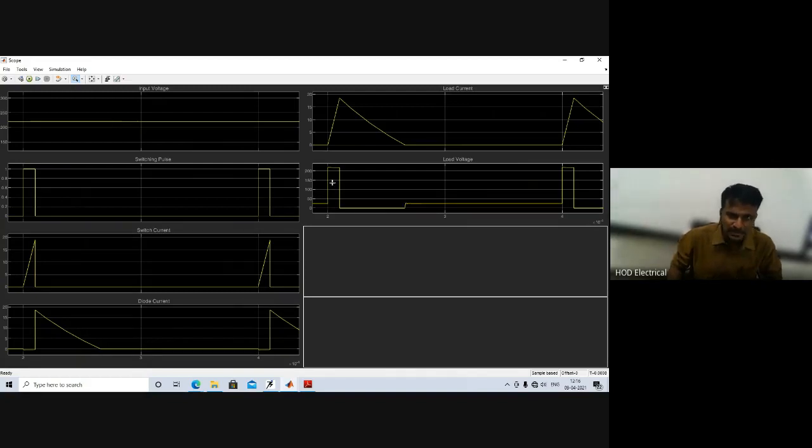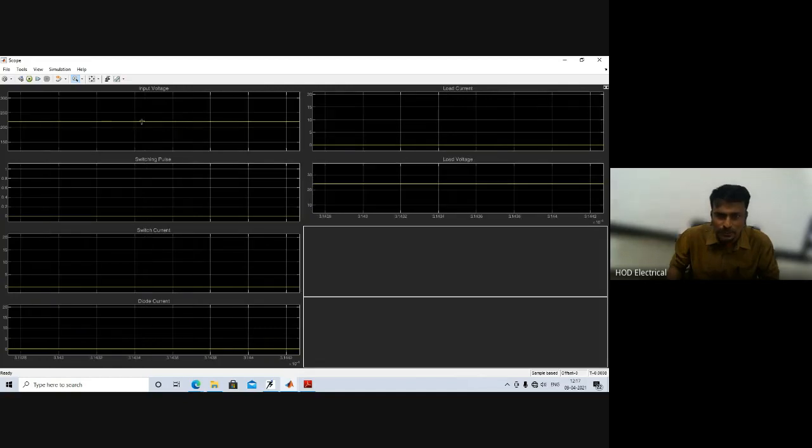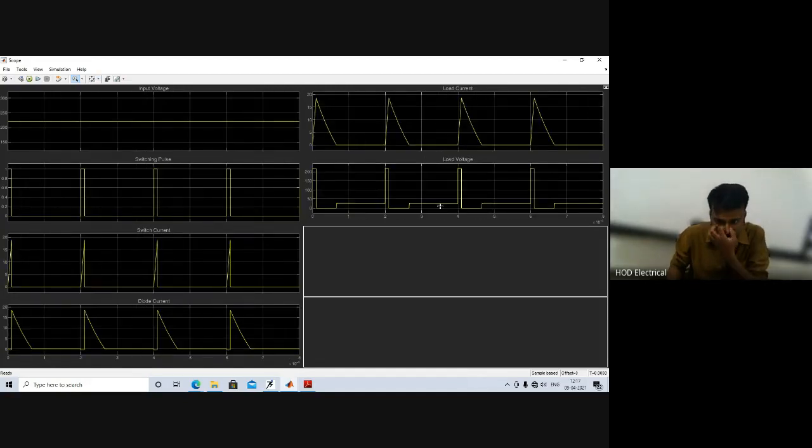Once the current is 0, it takes some load current to settle down to the diode current. The diode current settles down to 0, so automatically the voltage across the output will be 0. Then again a discontinuity takes place. This is the 24 volt value that we have given. Then again the next switching will start and the output voltage will be high.